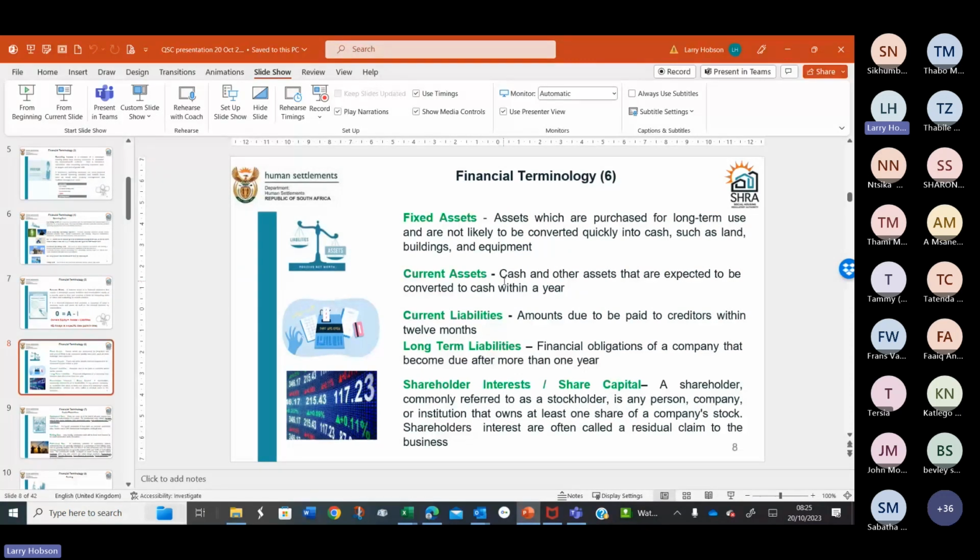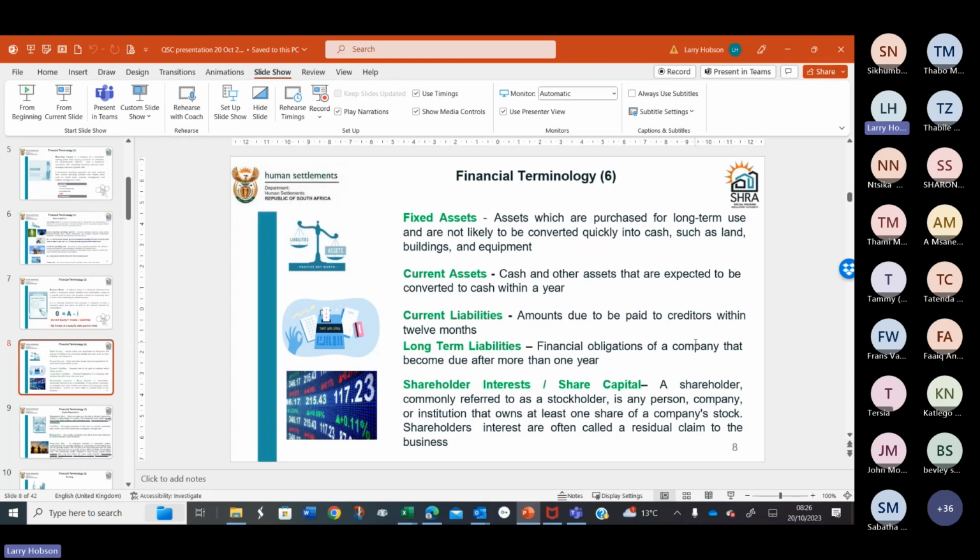Current liabilities are the amounts due to be paid to creditors within the next 12 months. So those are short-term liabilities. So that will be unpaid invoices at the year end, things like that. Now, then you've got long-term liabilities.